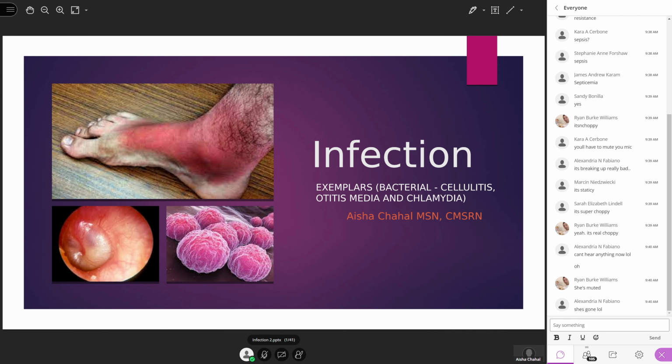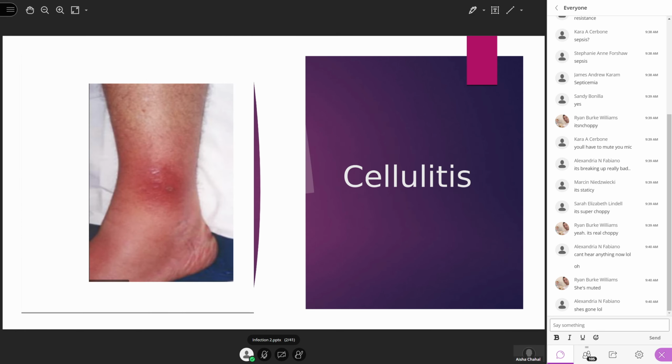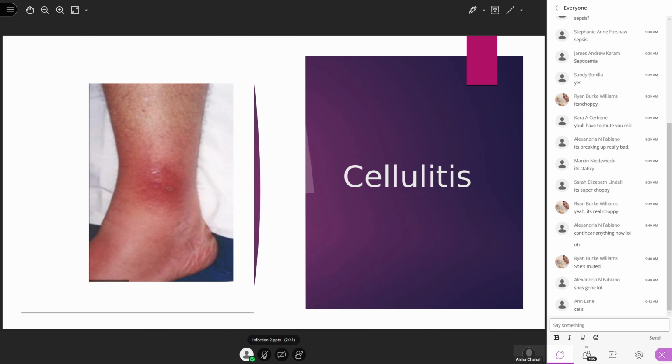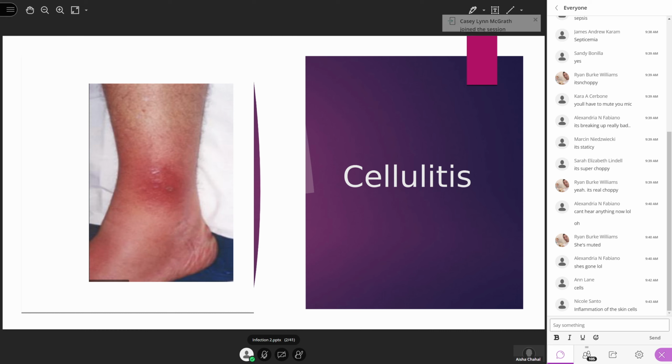So let's get started with our first discussion, which is cellulitis. What are some words that come to your mind when you think of the word cellulitis? Inflammation. Inflammation. What else? Inflammation of the cells. Infection of the cells, redness, swelling, warmth, right?